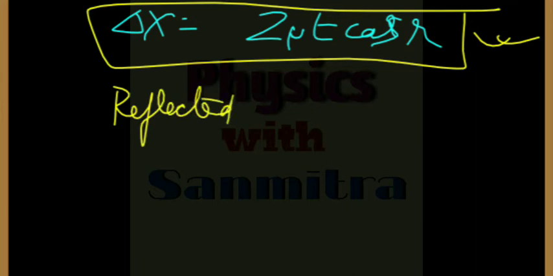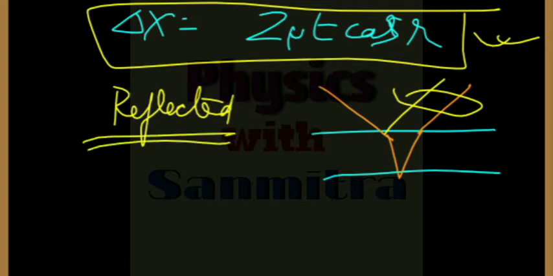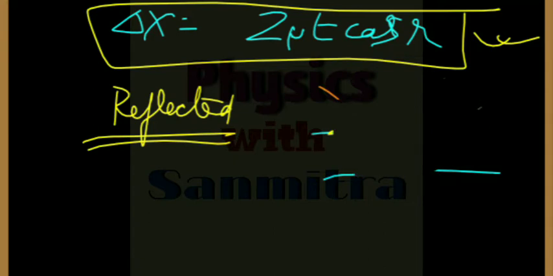What are reflected waves? That means these two waves. Now see, for reflected waves, let me show you one thing. This is according to Snell's law. Just understand this part well.